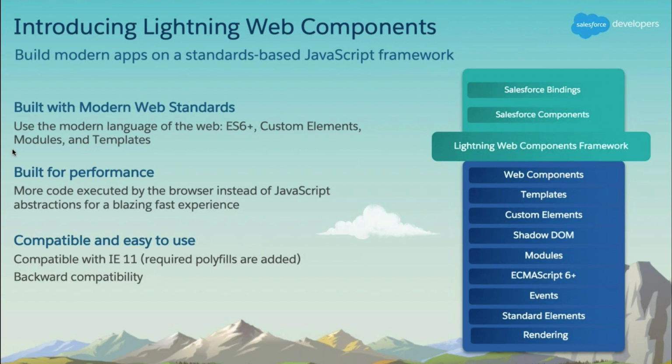We transpile the code down from ES6 plus code to ES5, and we add the required polyfills. All of that is being done by the framework. So you need not worry about whether your component is compatible on a different browser or not. That is really awesome, right? That makes many web developers' lives easy. So again, we are sticking to the latest standards and making our components work in previous versions of browsers. That's a great thing.